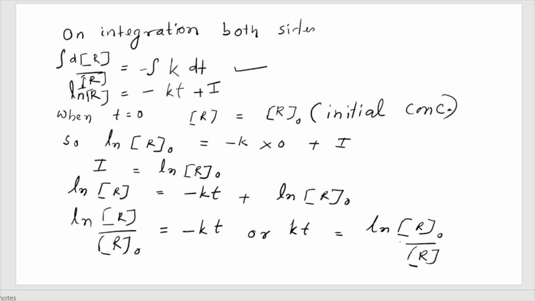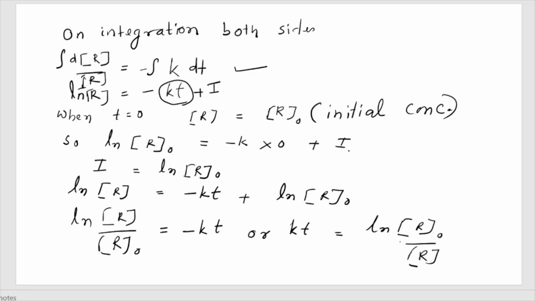If you put t equals 0 here, then this is the answer: I equals ln[R]0, the initial concentration. You have calculated the value of I.